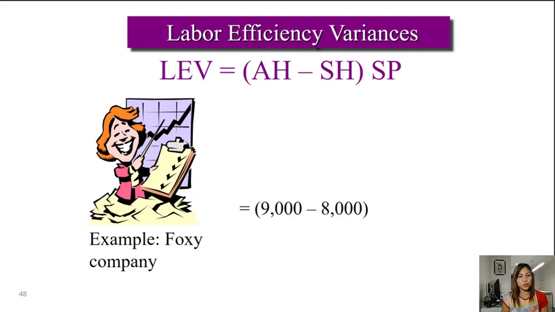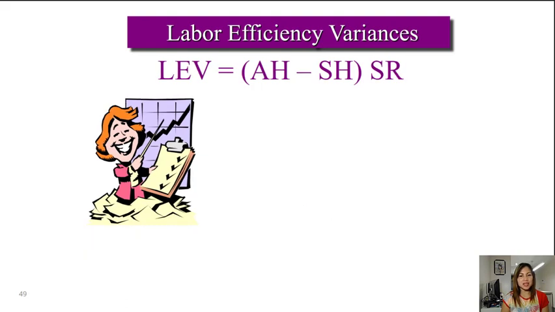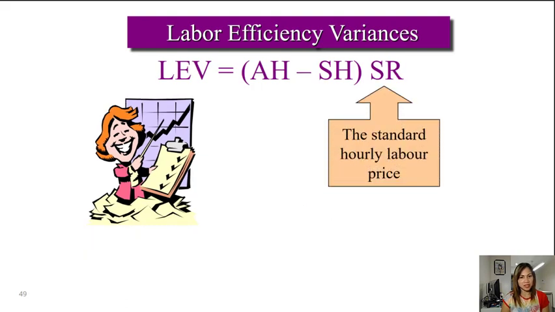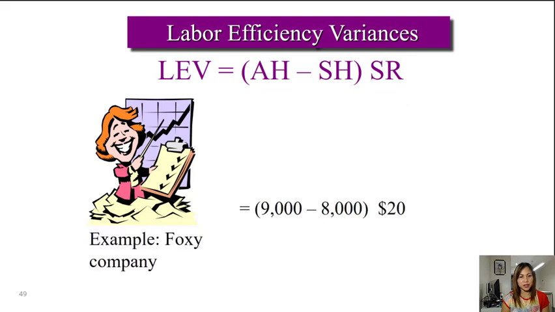Remember, we set 0.8 direct labor hours times 10,000 jackets that you manufacture. In total, the efficiency variance will be $20,000 at the standard rate of $20. This is unfavorable because the actual hours that you spend in the production are 1,000 longer than the standard hours.